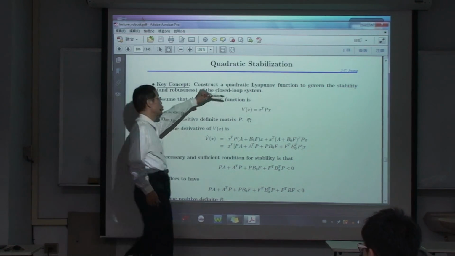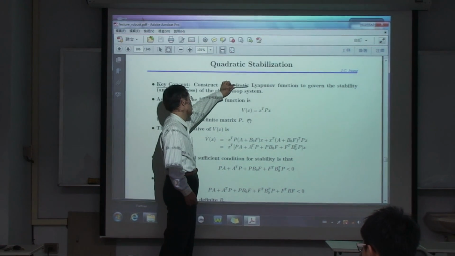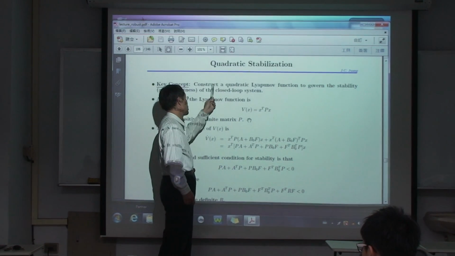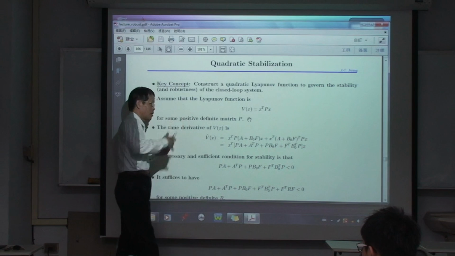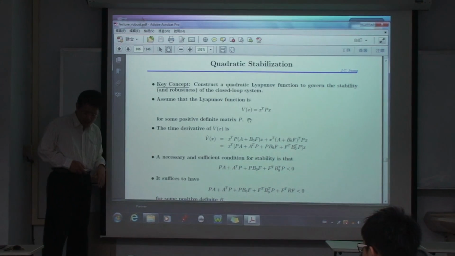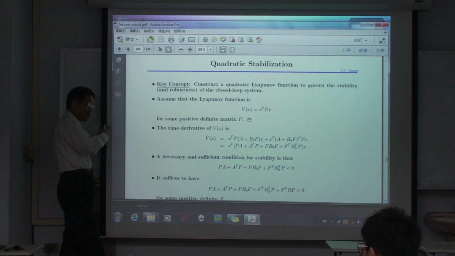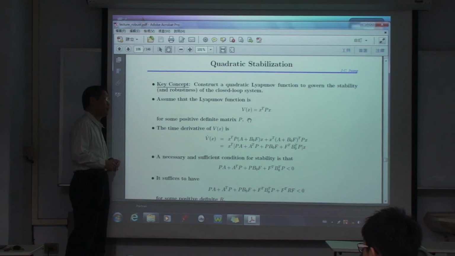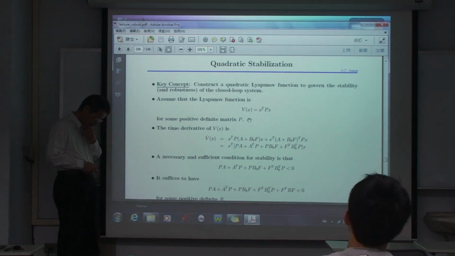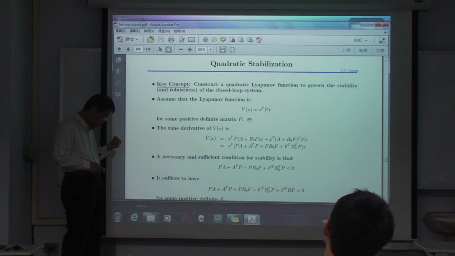If you remove this word quadratic, that means construct a Lyapunov function to guarantee stability. That's the typical stabilization problem. So, for example, you want to ensure stability, then you just ask, does there exist a Lyapunov function that can provide this kind of stability guarantee? That means it can ensure stability.